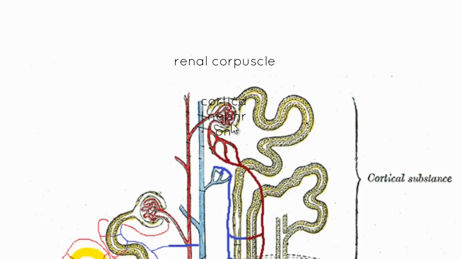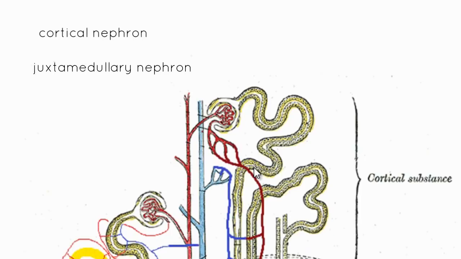So after the glomerulus, the pathway of the blood is different depending on what nephron we're looking at. So in the kidney you've got two types of nephron. You've got cortical nephrons and juxtamedullary nephrons, and they're sort of determined depending on the location of their renal corpuscle and their loops of Henle.